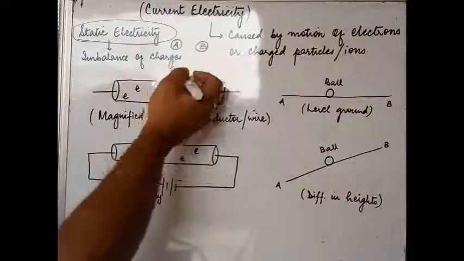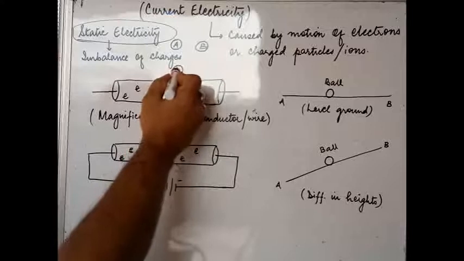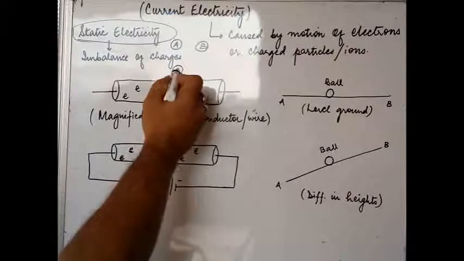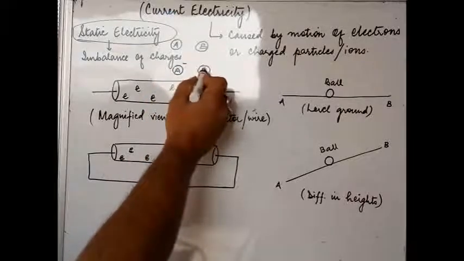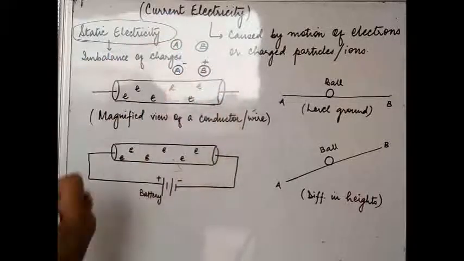Let's say after rubbing, body A develops a negative charge, whereas body B develops a positive charge.